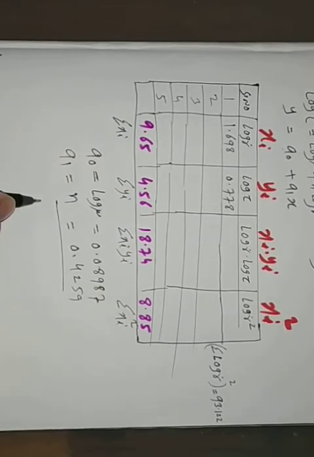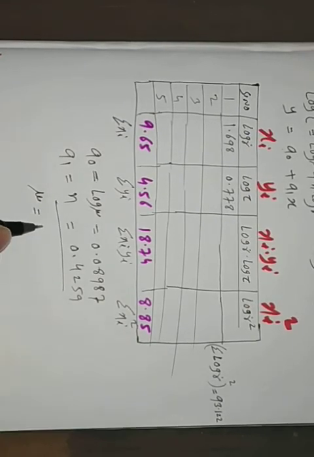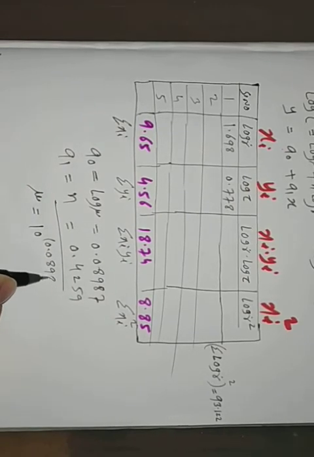that is mu will be equal to 10 raised to this 0.08987.